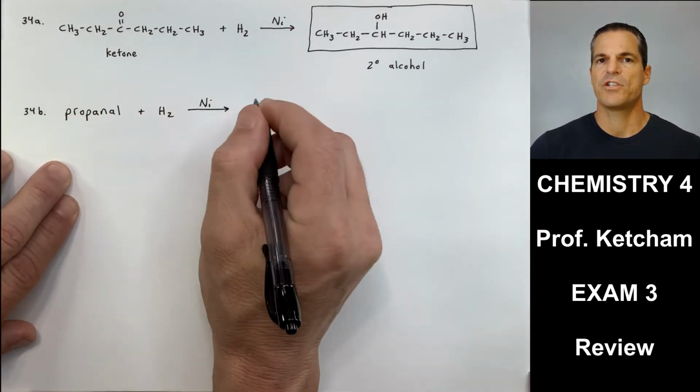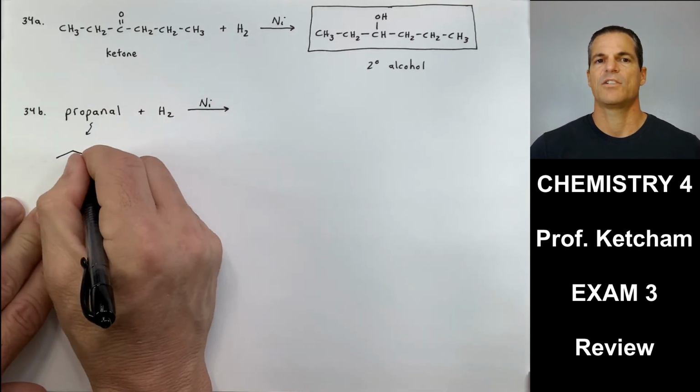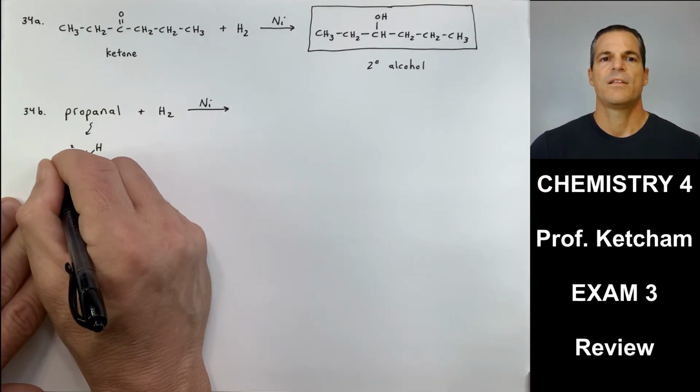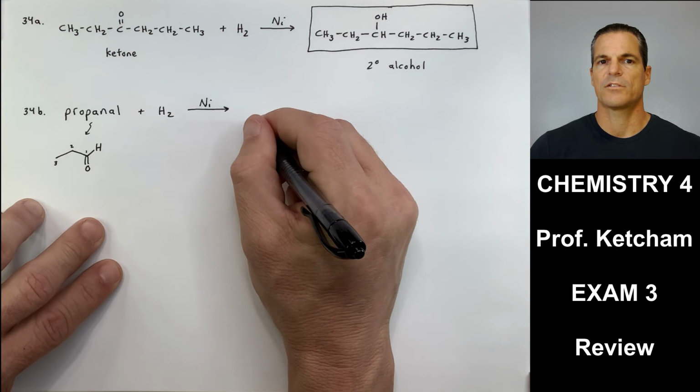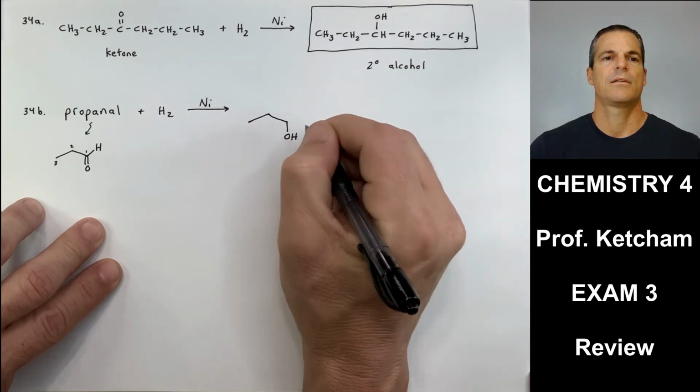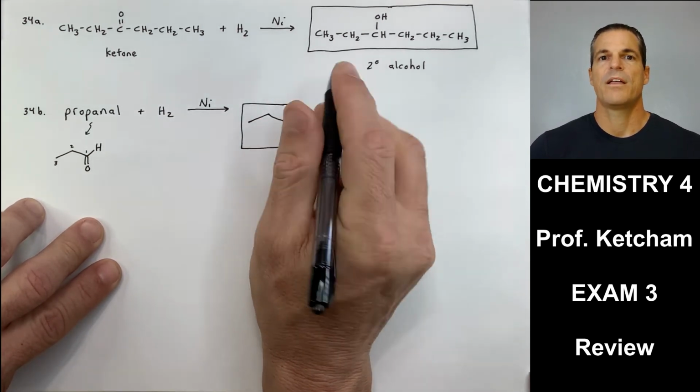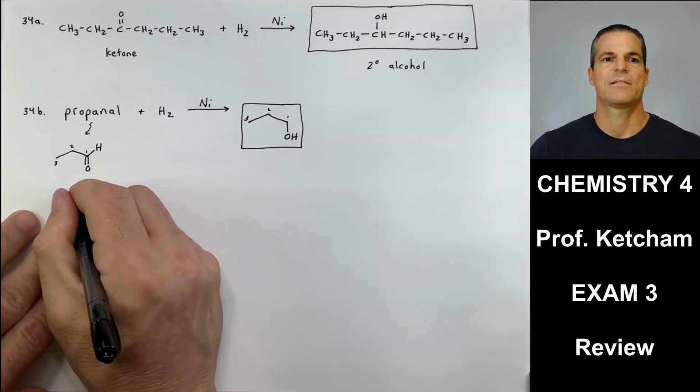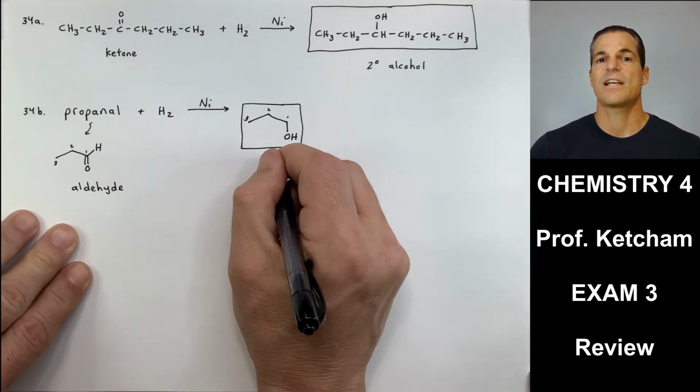If you're adding hydrogen, it's reduction. If you're adding oxygen, it's oxidation. Now, these nickel catalysts could also be platinum catalysts. It's an inert metal that is not involved. It's a catalyst. So ketone gets reduced to secondary alcohol.